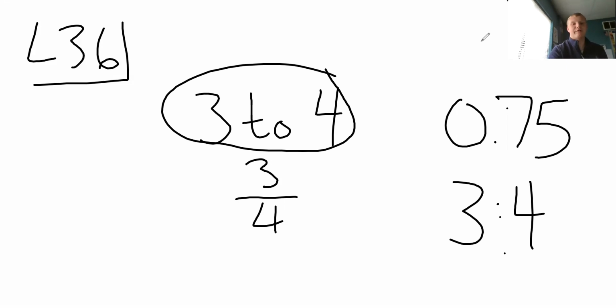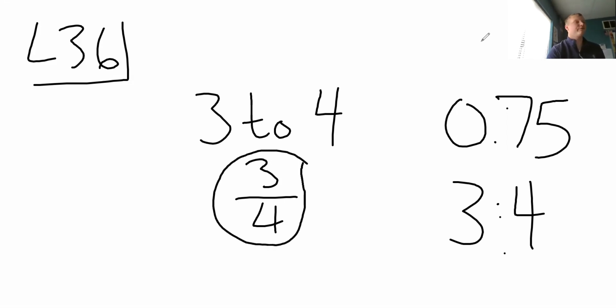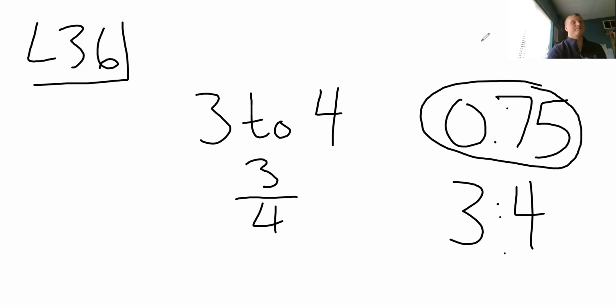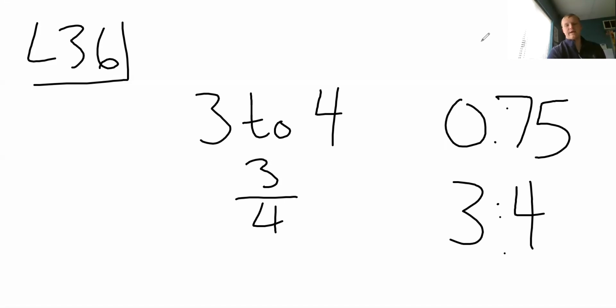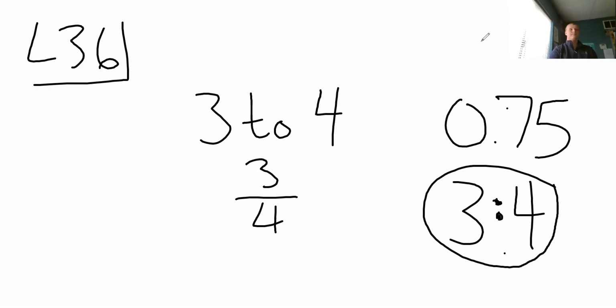We also have fraction form, 3/4. Then we have decimal form, 0.75. And then 3 with a colon, those 2 dots, 4. All of these are saying the exact same thing when they are referring to ratios.